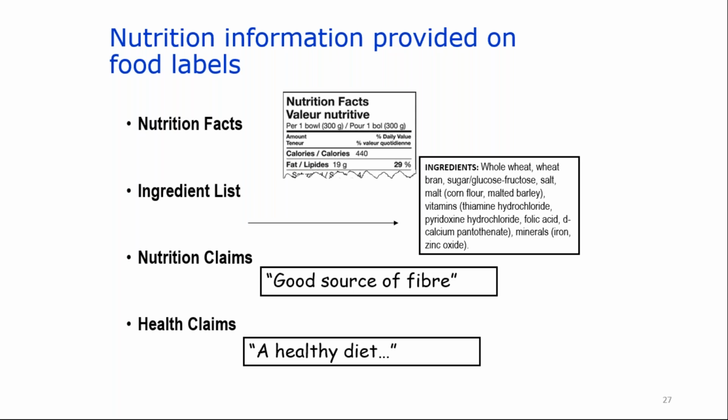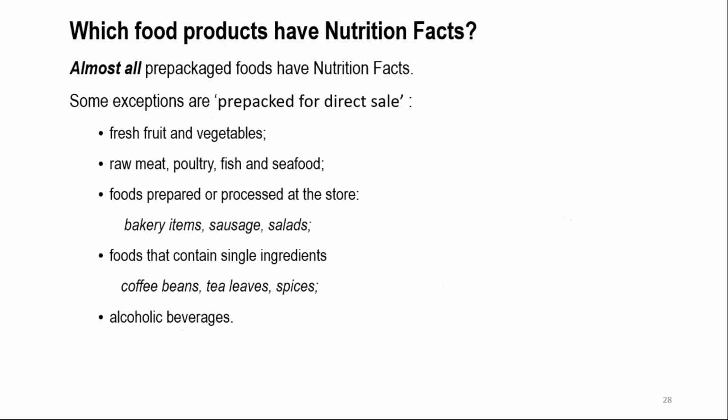Other than the requirements of best before date, veg logo, all that comes under labeling rules. But for nutrition, these are the 4 factors that you need to look at in a label: the nutrition facts, the ingredient list, the nutrition claims, and the health claims.